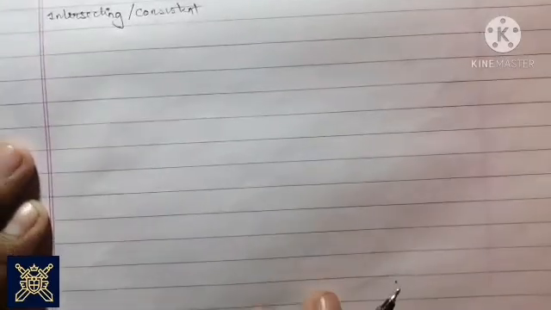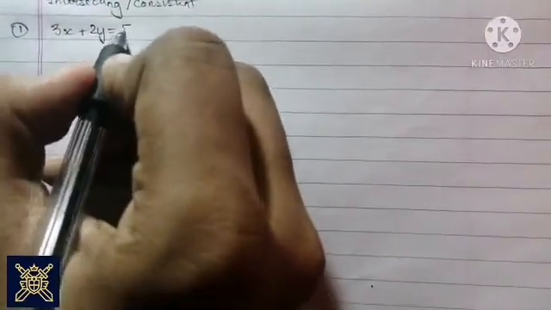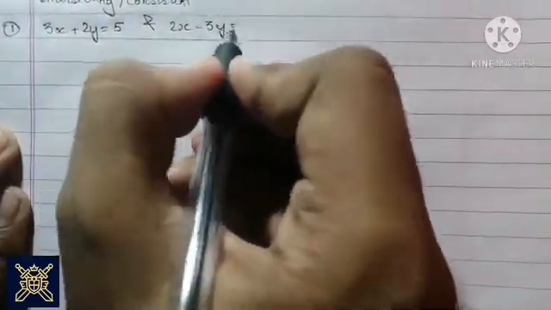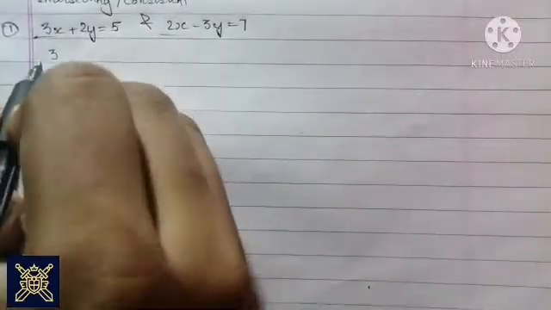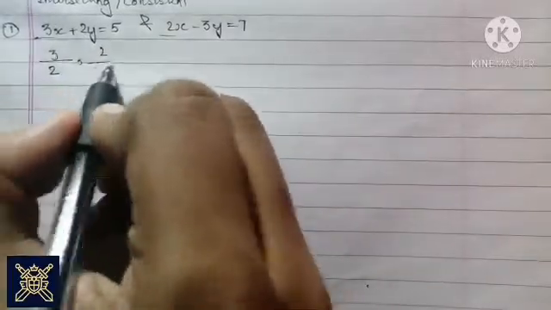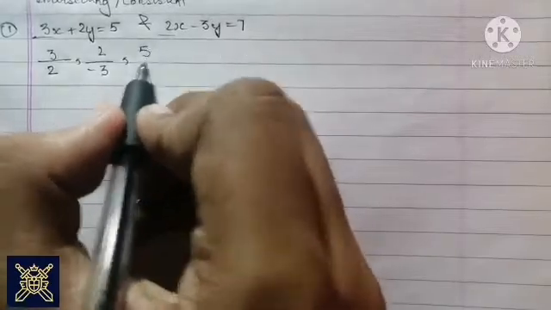In the first part, we have 3x plus 2y is equal to 5 and 2x minus 3y is equal to 7. We'll find the ratios. So 3 by 2, the second ratio is 2 by minus 3, and the third ratio is 5 by 7.